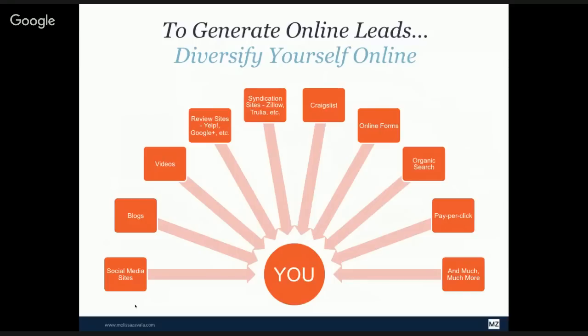You may get leads from syndication sites such as Zillow or Trulia or Realtor.com. So leads may come in from there, whether you're paying for them or just getting them organically. You may be using Craigslist to post homes for sale, maybe getting leads there. Online forms. Organic search. So if your website shows up very nicely on page 1 of Google, then maybe you're getting leads that way.